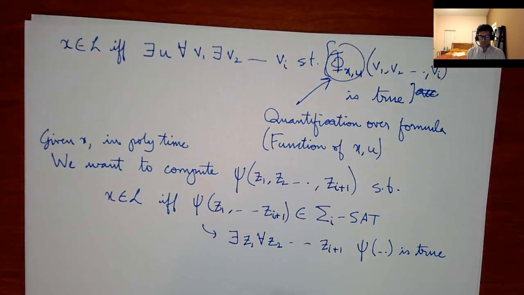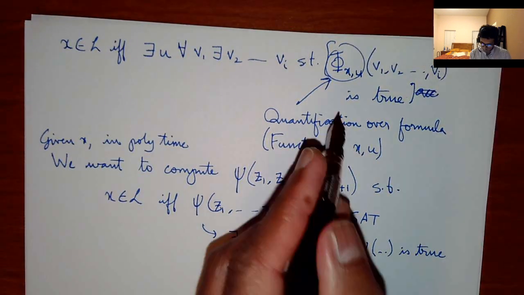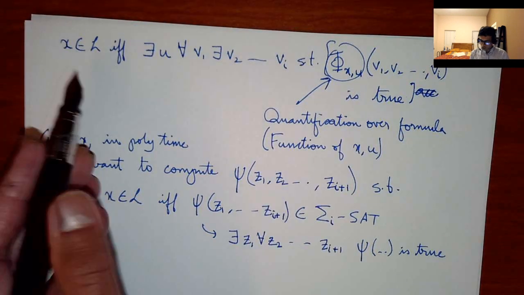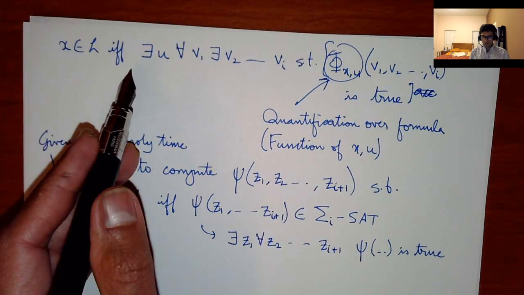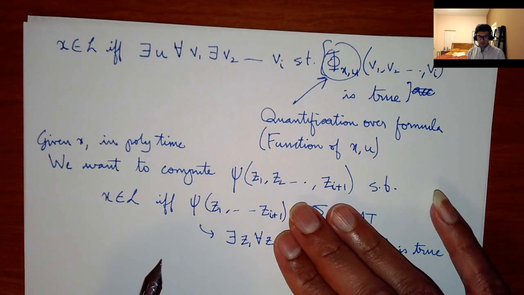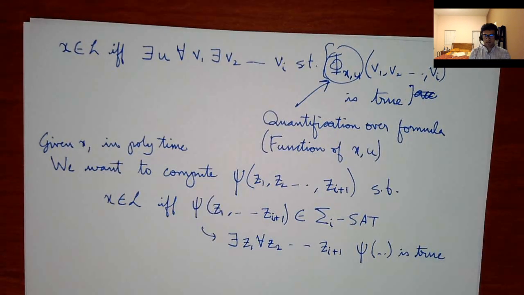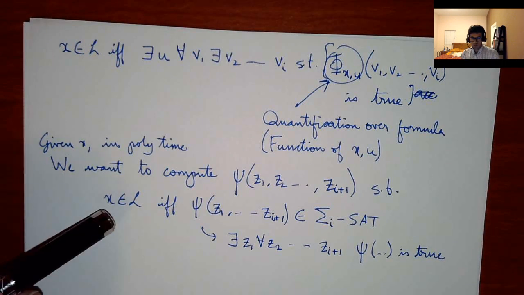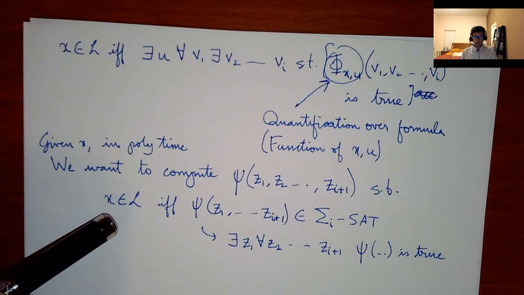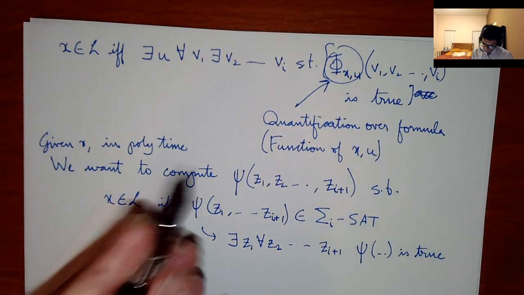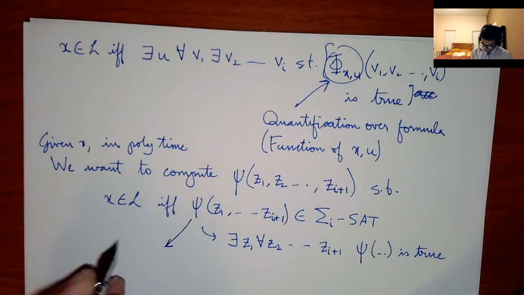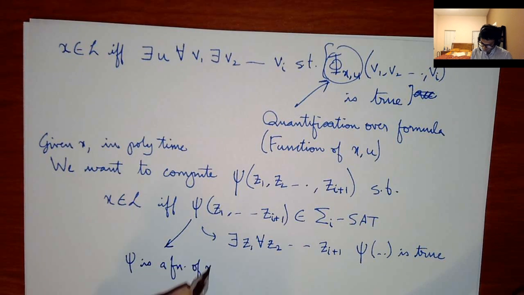So it seems that we're almost there, except this formula is not okay. The formula is a function of both x and u, whereas in this setting what you want is for the formula to be only a function of x. So C is a function of x.